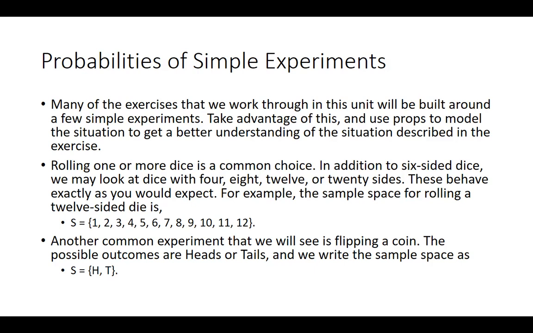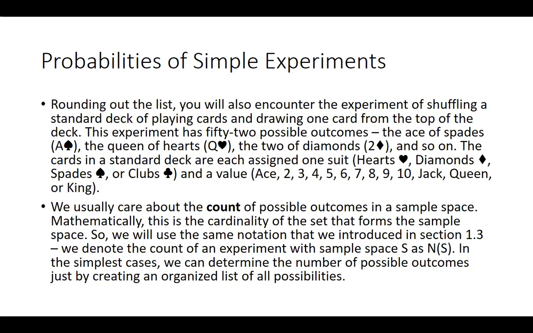Another common experiment that we will see is flipping a coin. The possible outcomes are heads or tails, and we write the sample space as the set S containing H and T for heads and tails. Rounding out the list, you will also encounter the experiment of shuffling a standard deck of playing cards and drawing one card from the top of the deck.